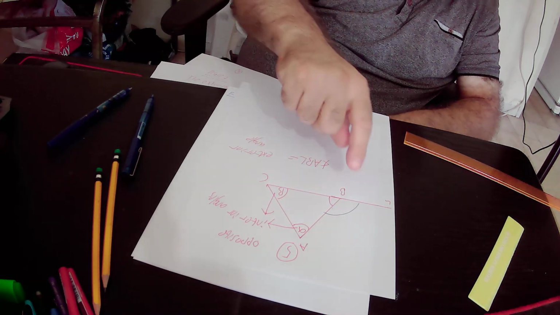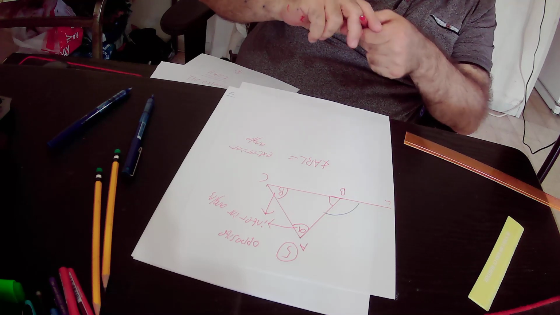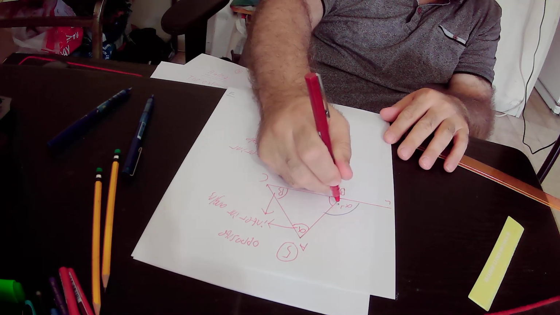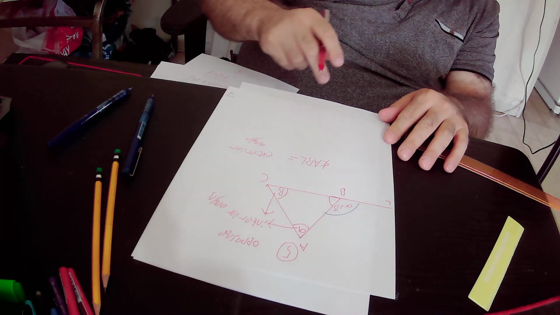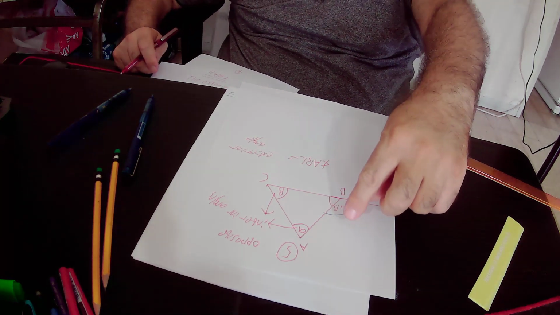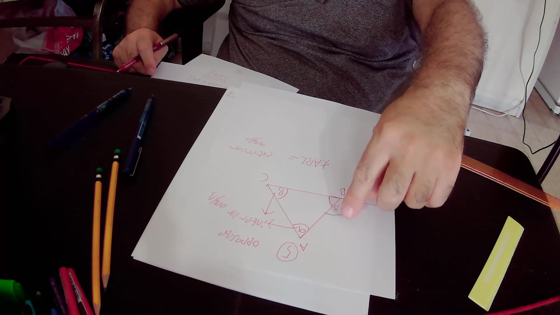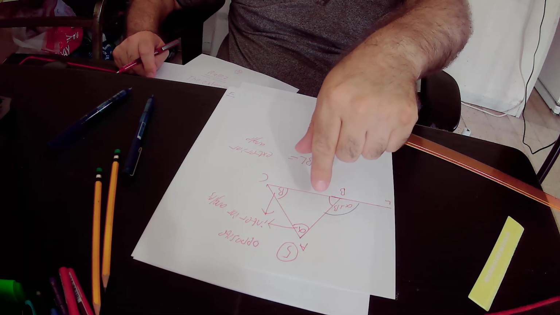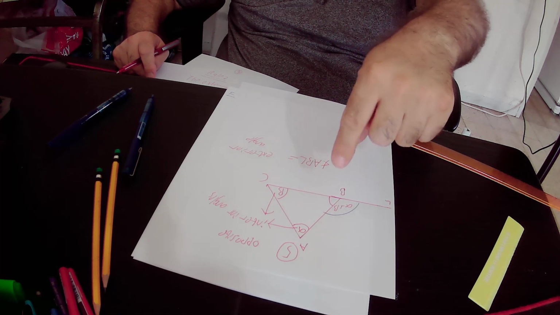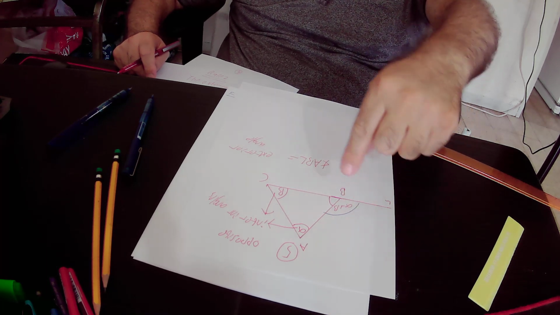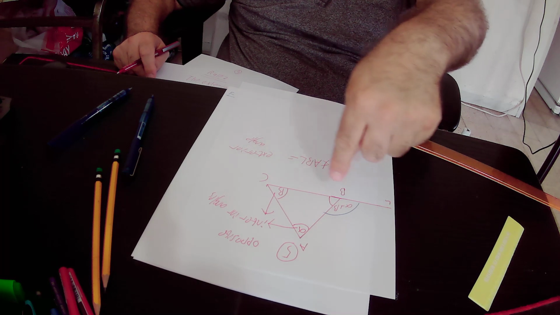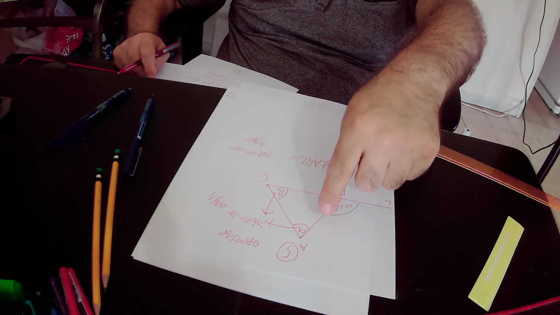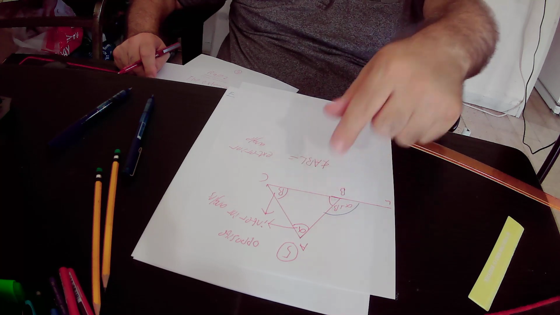That is to say, angle ABL equals to alpha plus beta. Okay, so the exterior angle ABL equals to the sum of the opposite interior angles, because alpha plus beta are considered to be opposite interior angles.